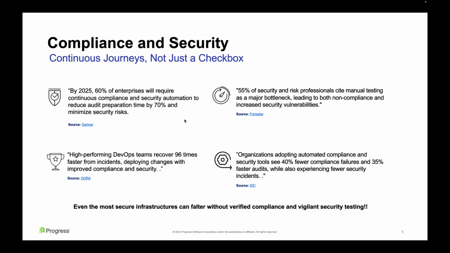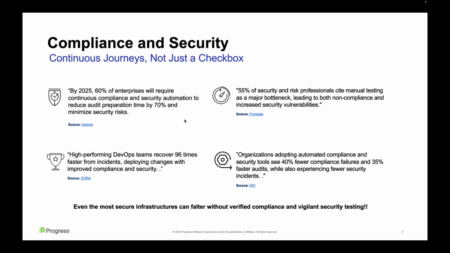You see, manual testing is increasingly seen as a roadblock, often increasing vulnerabilities. And during these times, DevOps teams that adopt automation experience faster recovery from incidents while maintaining strong compliance and security standards. You see, this particular shift leads to fewer compliance failures, quicker audits, and an improved security posture.